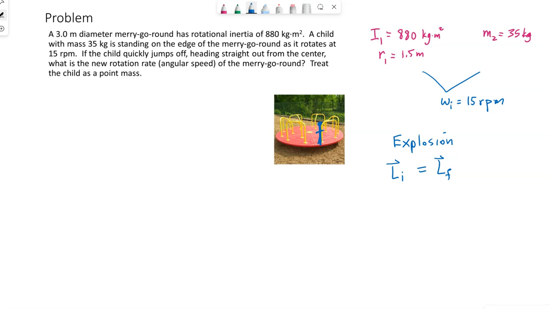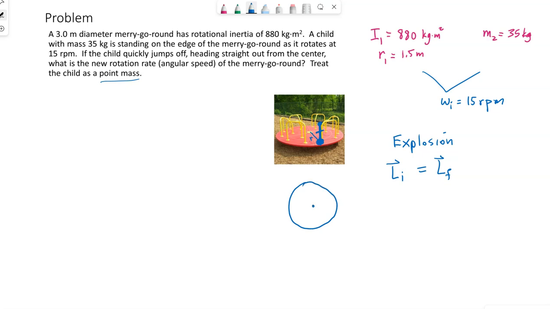Because they're telling us to treat the child as a point mass, we're saying the child is essentially just this point, a small object compared to how far away they are from the center. Now, the reason why jumping straight out from the center is important is because, let me draw this from above.